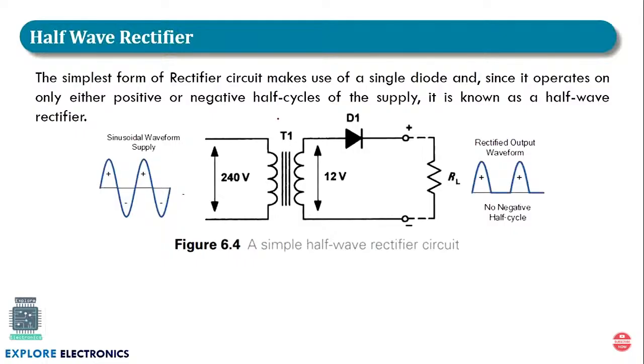So in this circuit, you are seeing a simple half wave rectifier circuit, in which the input will be a 240 volts AC signal. Here you can observe this AC signal we are connecting as input to the transformer primary coil. And at the secondary coil we are going to get an equivalent 12 volts, means this is a step down transformer. It is reducing the voltage from 240 to 12 volts.